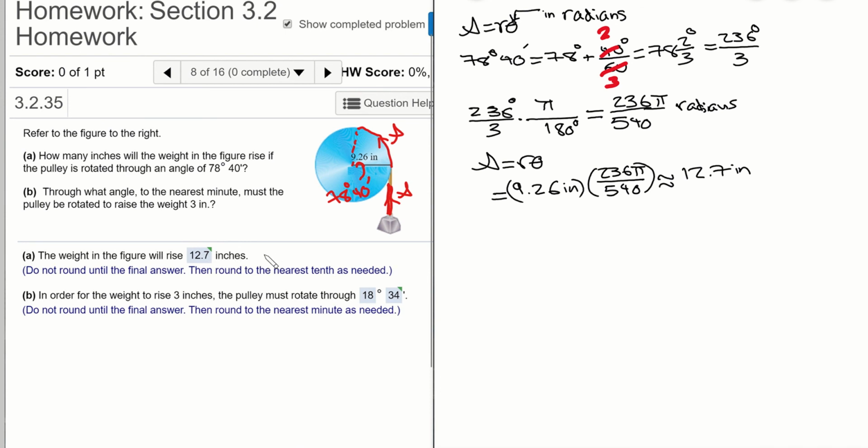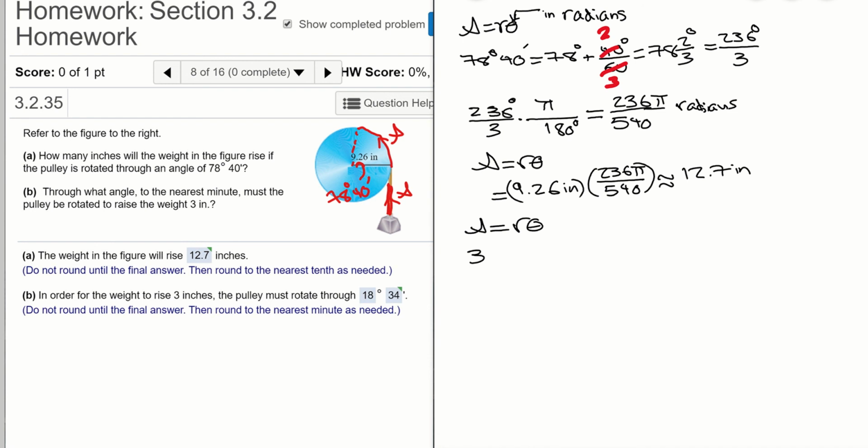Now we want to see in part B, through what angle to the nearest minute must the pulley be rotated to raise the weight 3 inches? So notice we're still going to be using the arc length formula. The only difference is this time we know the arc length and we're trying to find the angle corresponding to a movement equal to that arc length, which is 3 inches.